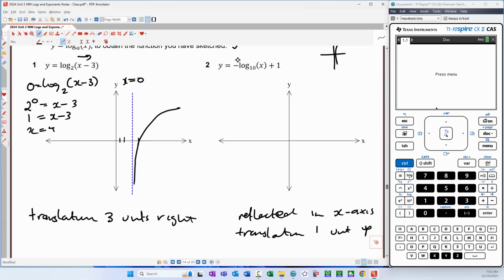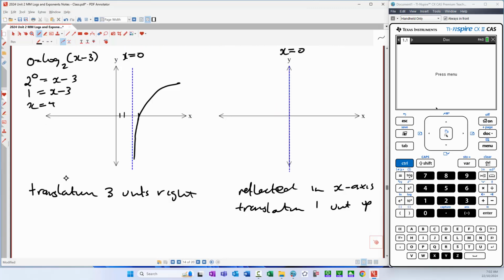Now, because it hasn't moved left or right, that's the key piece of information. So there's no horizontal translation. That means the asymptote stays put right there. Also means that there's no y-intercept. So it's at x equals 0.